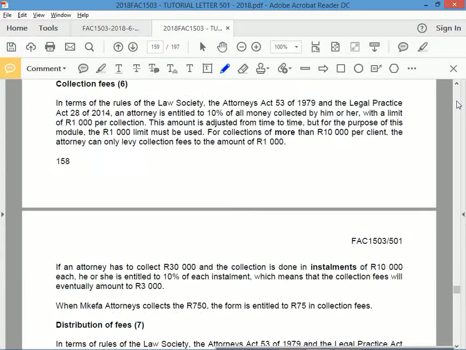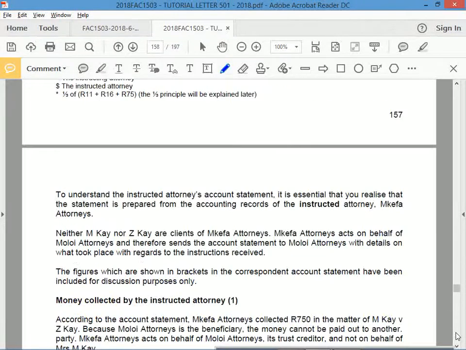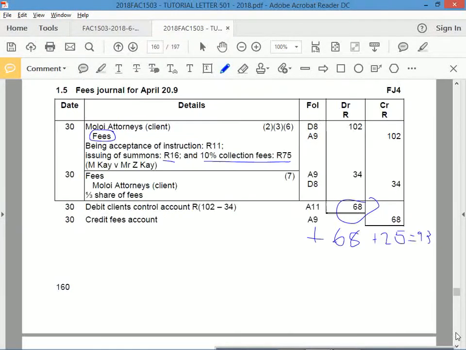So if we go back here, that 16 and that 75 made up the 102. And then there was also an amount here of 34, which is that one third share of the amount.